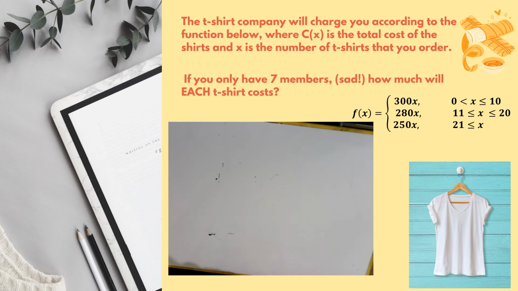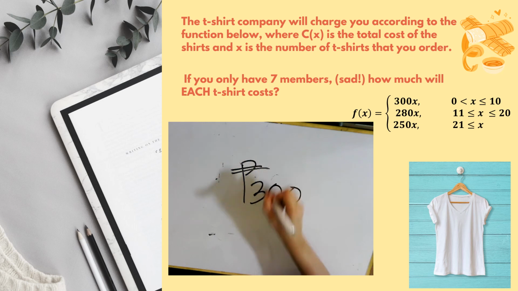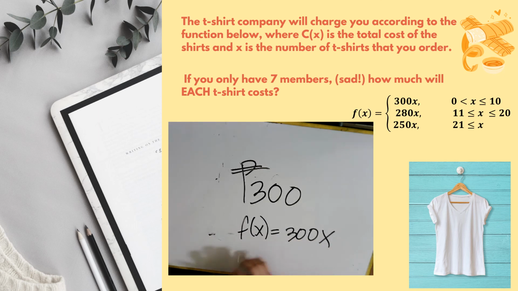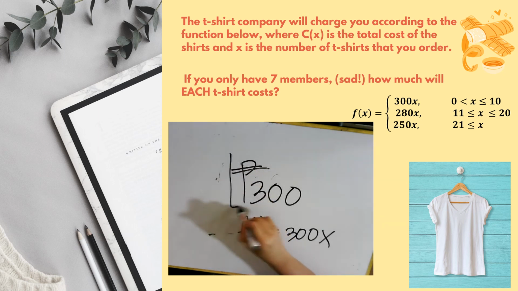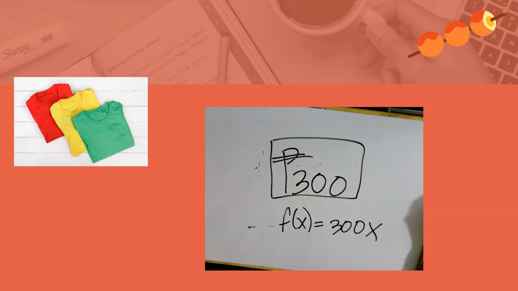The answer is, of course, 300 pesos. Pasok dun sa f of x is equal to 300x na function. Dahil ang 300x na function ay para sa bilang ng t-shirt from 0 to 10. That's it.